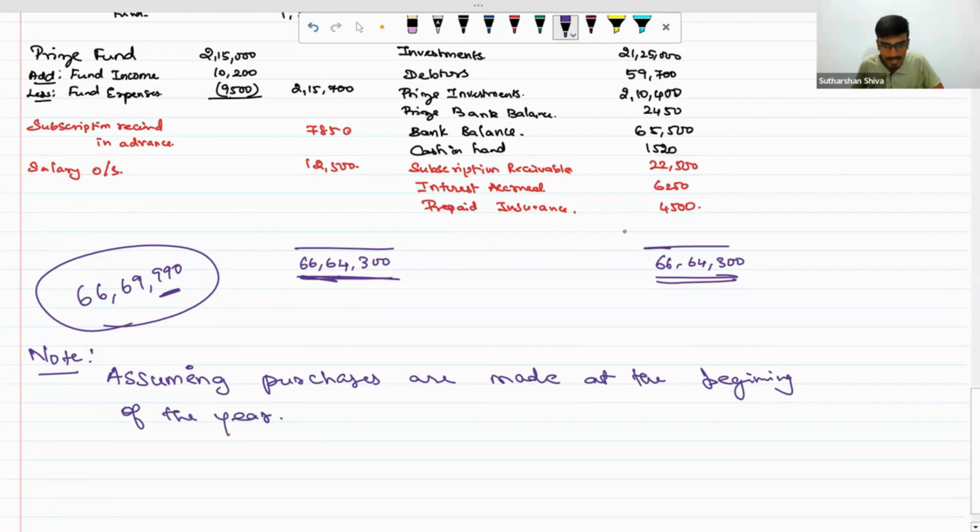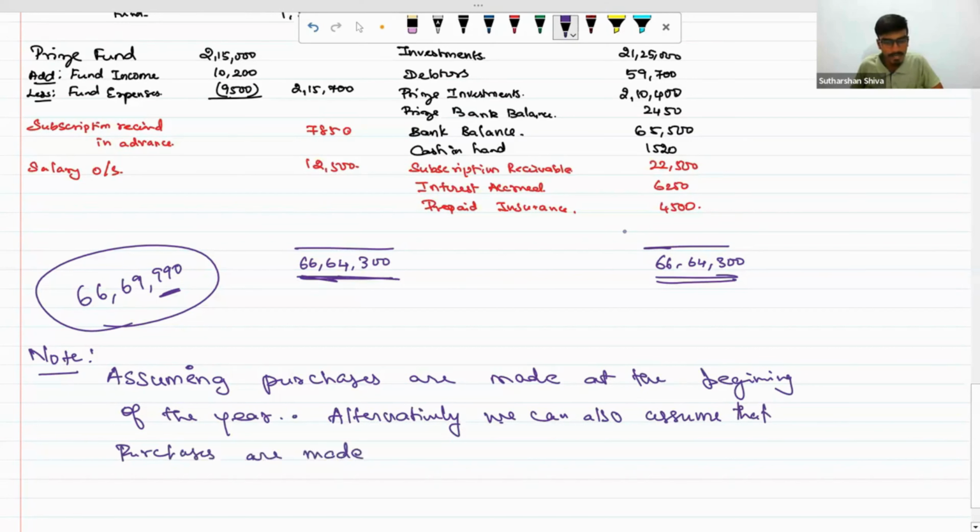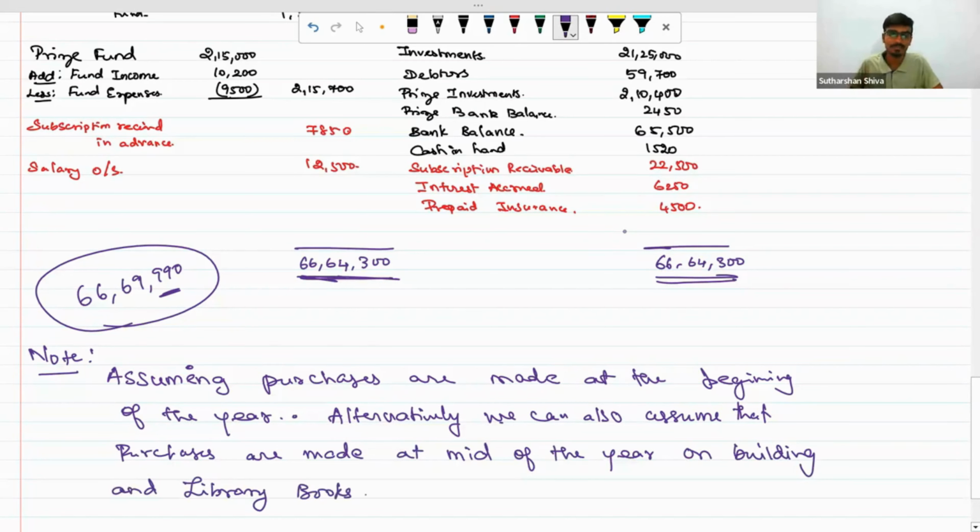Alternatively, we can also assume that purchases are made at mid of the year on building and library books. Like this, your own statement can be written.